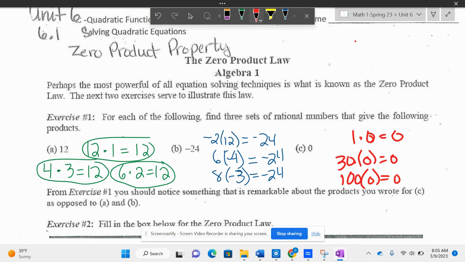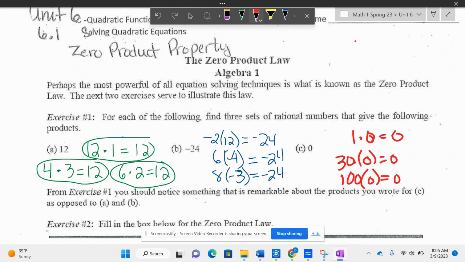So what it's saying here, hopefully you noticed from exercise 1, is that the only way you can get a product to equal 0 is if you multiply by a 0. If the product of 2 numbers equals 0, then one of those numbers must be 0.